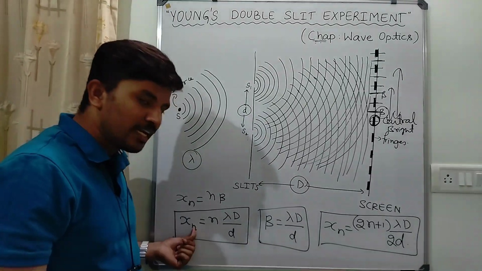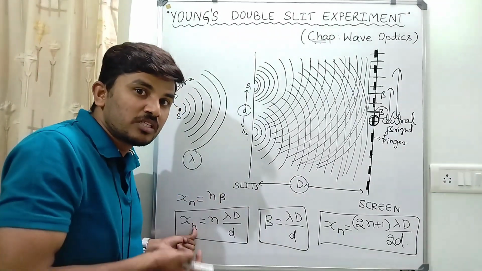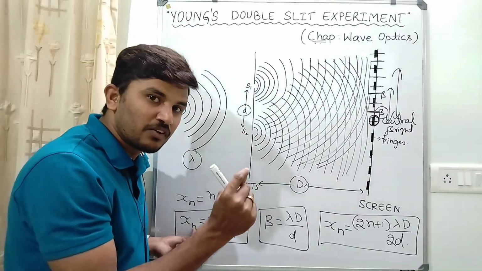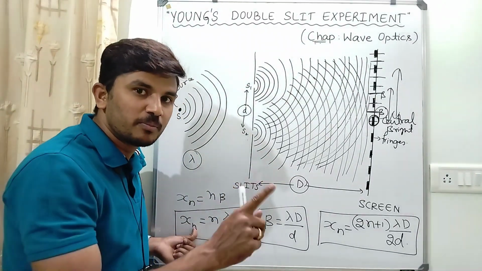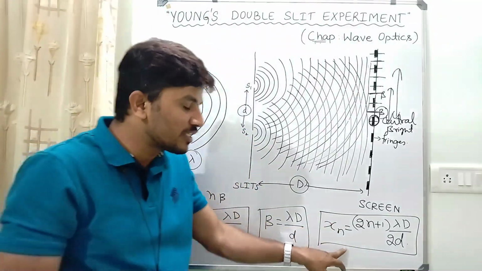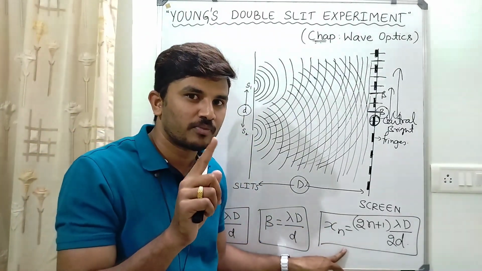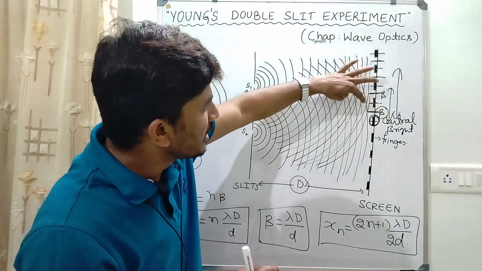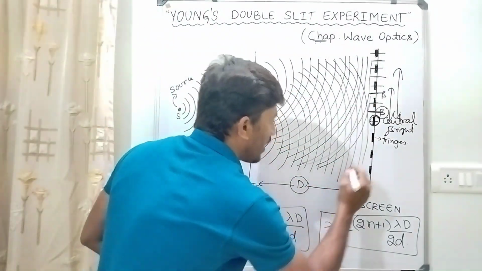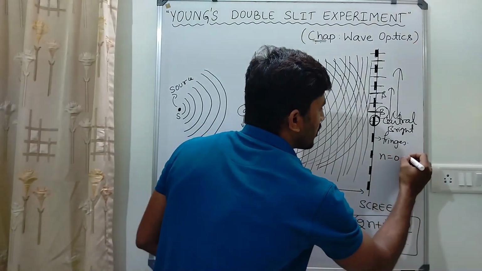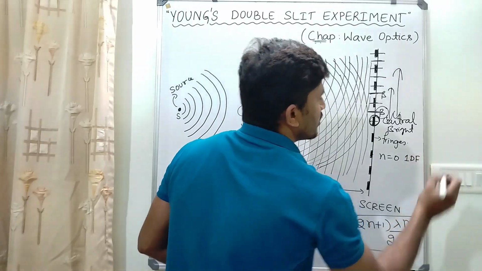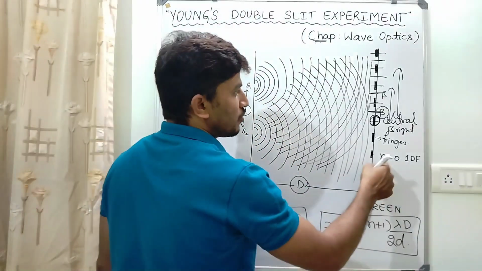Here n means the nth bright fringe. If there is the first bright fringe, n value is 1. Second bright fringe, n value is 2. Third bright fringe, n value is 3. Like that it goes. But in case of dark fringes, it is not the same. If they ask you to find out the distance of the first dark fringe, n value is 0.